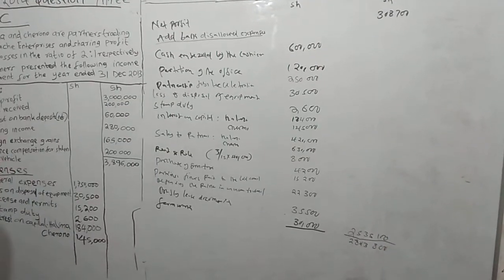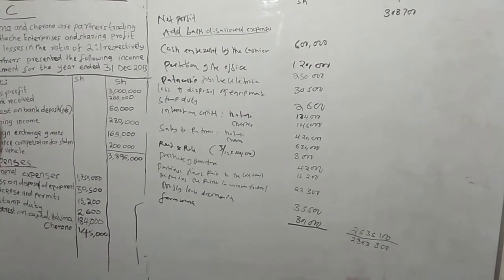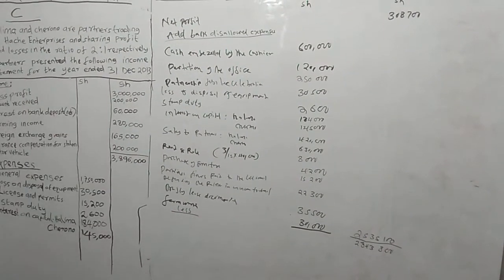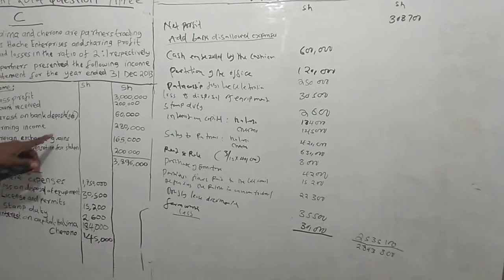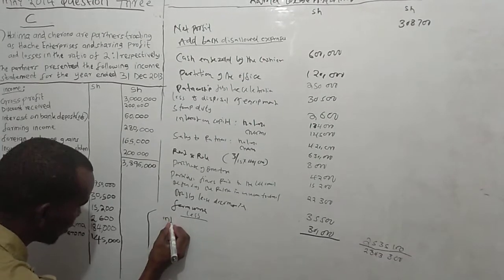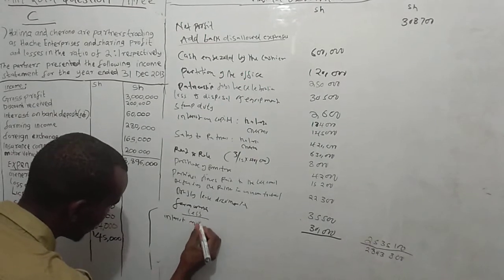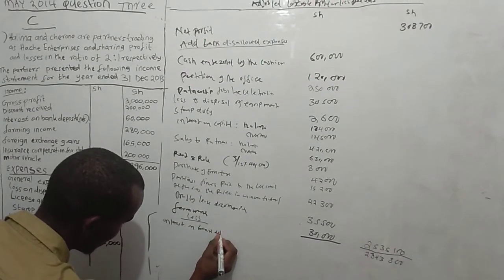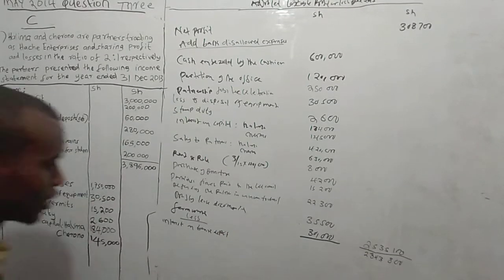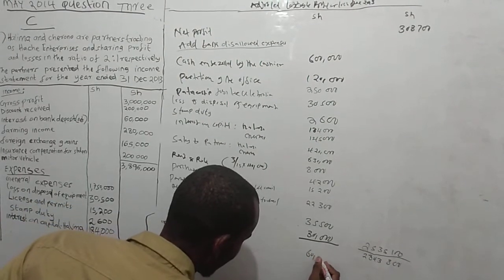Now we are going to deduct, if there is capital allowance, if there is a business income. So let's say less. We will come back here. Less interest on bank deposit, the amount is 60,000.